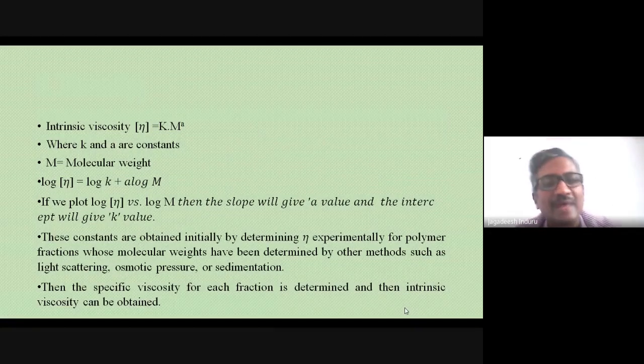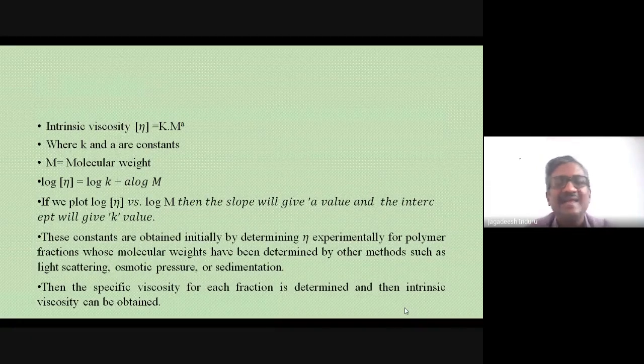If A and K are not known, you take M from the osmotic pressure, sedimentation, or diffusion method. You calculate M and plot it against the intrinsic viscosity.